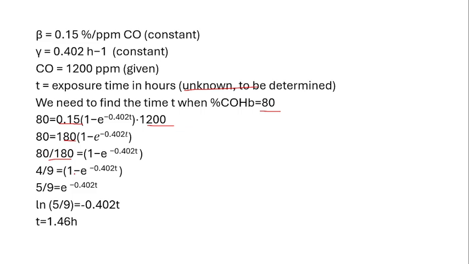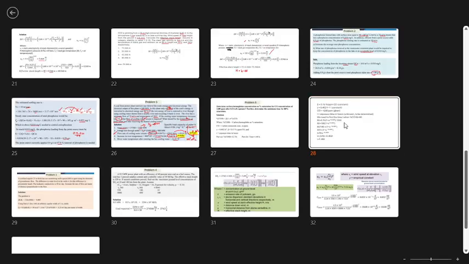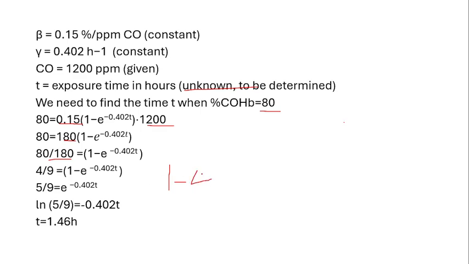Now you bring this e power term to one side and all the other terms to the other side. So 1 minus 4 by 9 will be on the other side. When we solve this, we get 5 by 9 is equal to e power minus 0.402t. To convert this term, we take the natural logarithm. So ln of 5 by 9 is equal to minus 0.402t. So now we obtain the value of t as 1.46 hours.